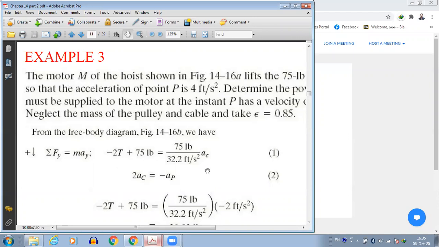Wait, what is this 32.2? Can anybody answer? Where is this coming from? It's the acceleration, but in weight. Yeah, but why do we need to use it here?